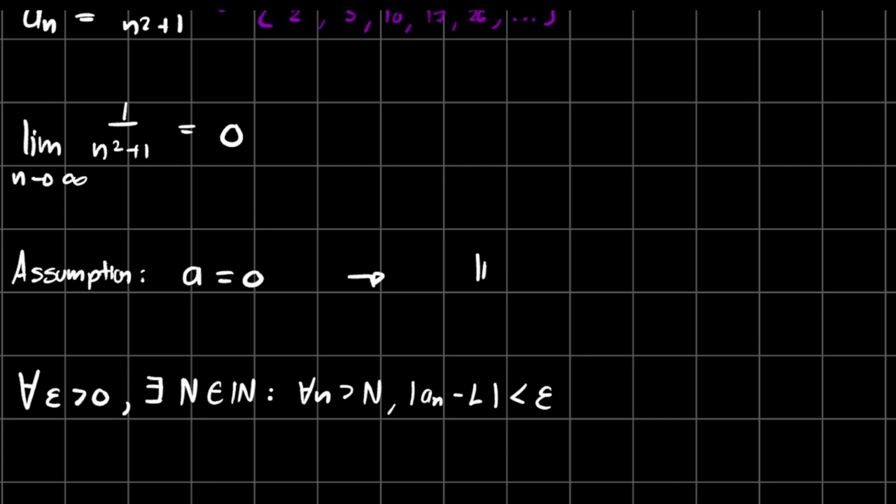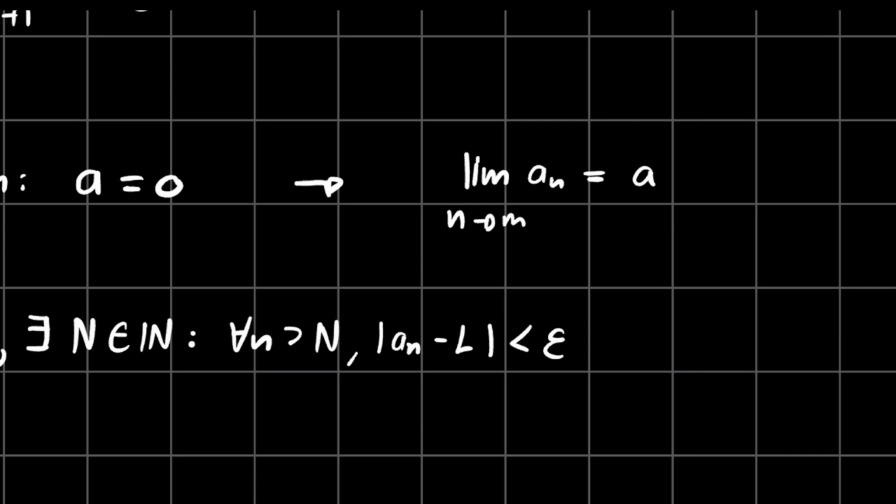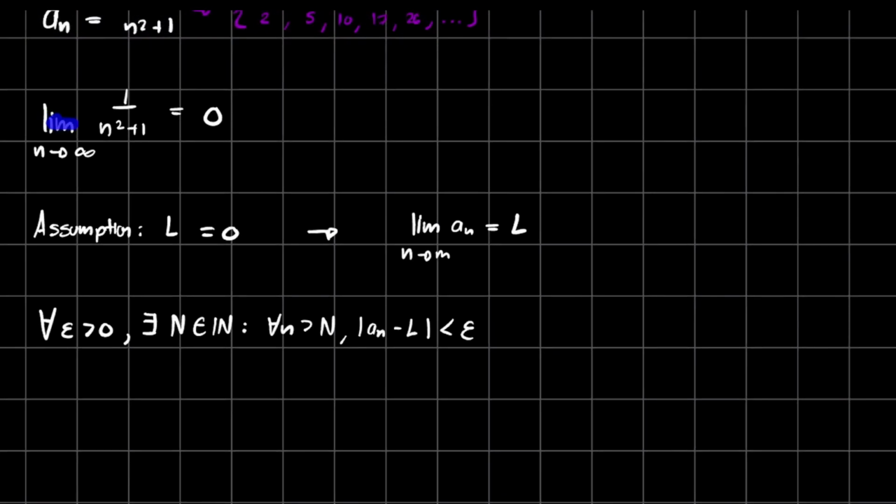Remember that whenever we have a limit from n to, say, another value m, of any sequence, let's call it A of n, this is going to be A, the limit. So the limit is basically A equals 0, but because we're going to get confused, we're going to take this as L. L is equal to 0, which stands for limit.